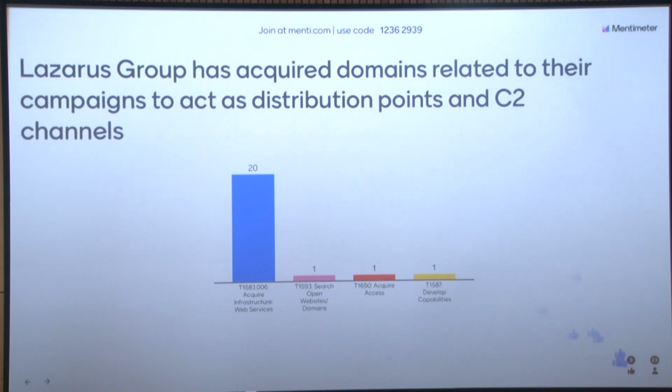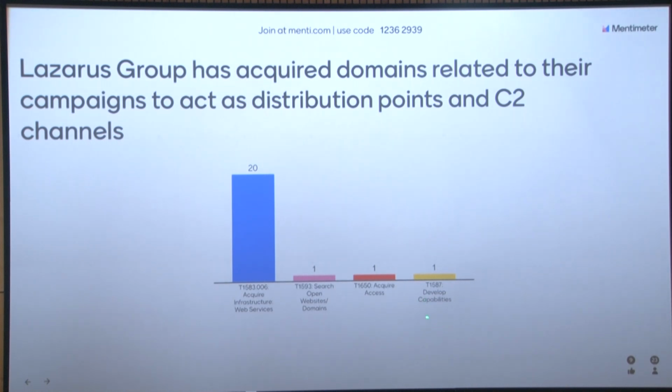But some people have chosen search open websites or domains, T1593. Attackers use this technique to gather information about the victim. They look at open websites or domains, and if something matches their victim's domain, they can get that, or they can acquire access to the victim infrastructure through a third party, not by direct access.